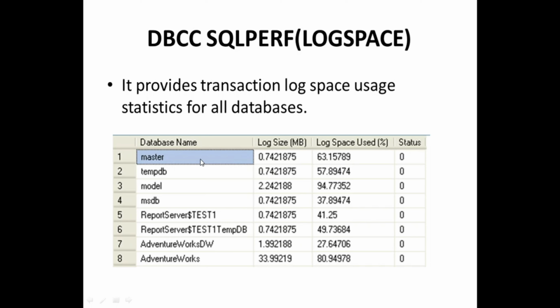Here you can see that, for example, the master database has a log size of 0.742 MB with a log space used percentage of 63.15, and AdventureWorks has a log size of 33.99 MB and a log space used percentage of 80.9. That way you can very easily monitor the space usage of the transaction log inside your database.